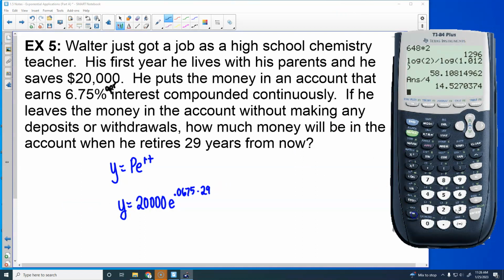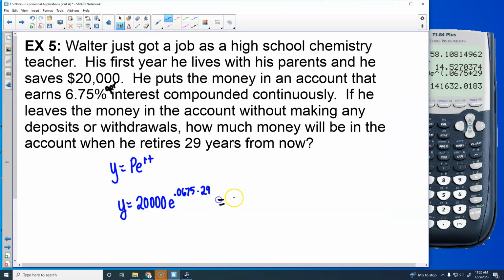All right, so if we type this in, we have 20,000 times e to the 0.0675 times 29, and we get $141,632.02.